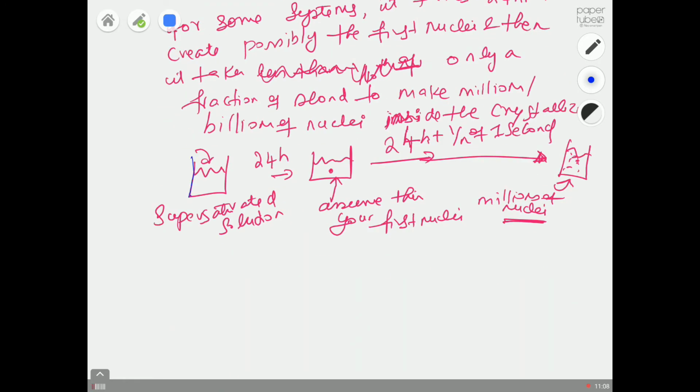Why we call it mysterious: I showed some figure here. Just assume this is your crystallizer, and follow the blue lines. You created a supersaturated solution, and if it contains some impurities, it may take more than 24 hours to nucleate. So what happens in these 24 hours?